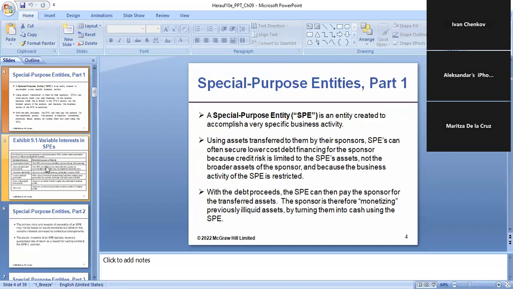And with the money that they get, they pay back the owner for the asset that the owner transferred in the first place. So it seems like the asset that the sponsor transferred in the first place looks like a capital, but totally not. Because once the special purpose entity gets the cash, that cash goes back to the sponsor.